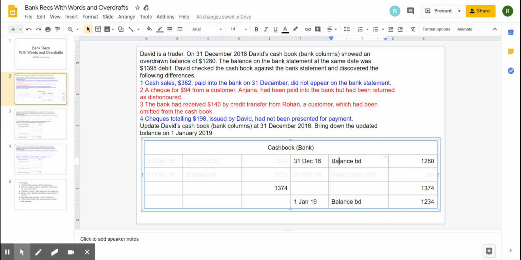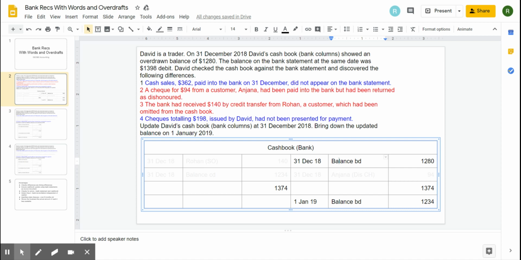That's what we thought the balance was before we did the reconciliation, and we'll then have found out about certain entries that are missing where the bank statement is the source document. Okay, and just notice on here as well, it says the bank statement at the same date was a debit of 1,398.